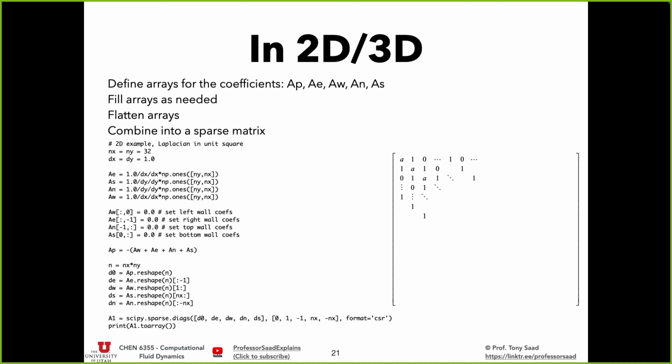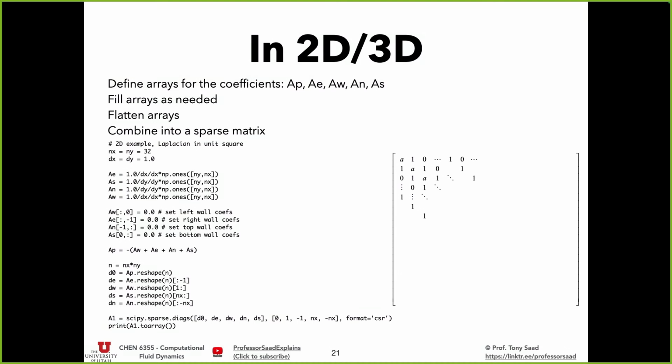So next, when you look at the full matrix, the main diagonal contains all the AP coefficients. Now this AP is of size ny by nx. But in the matrix, it is of size nx times ny. So it's a one-dimensional array in the matrix, right? It is a 1D vector.